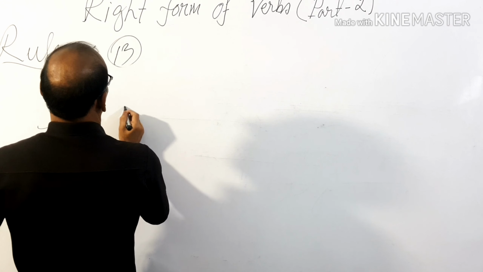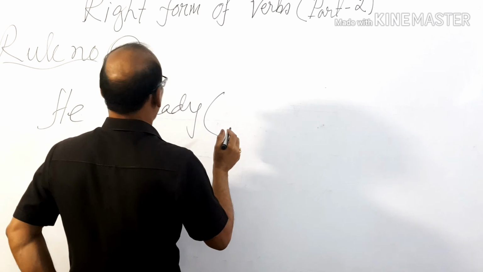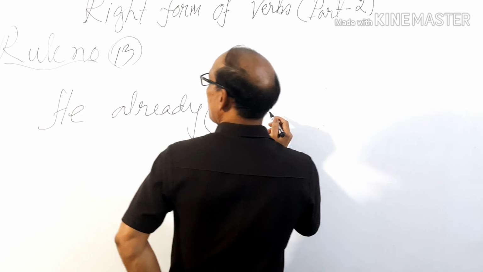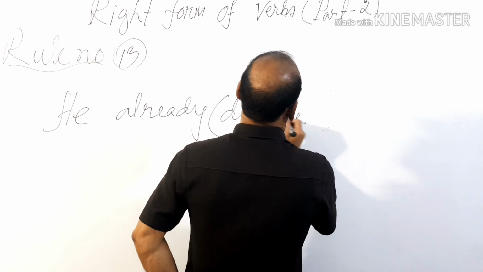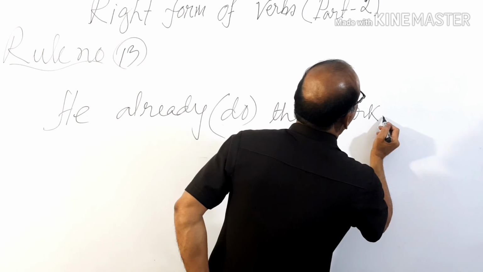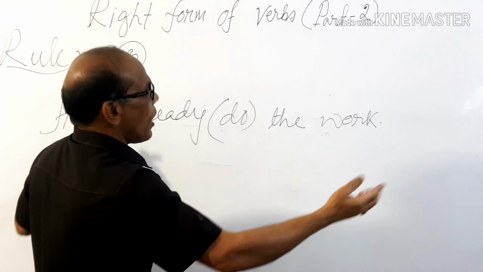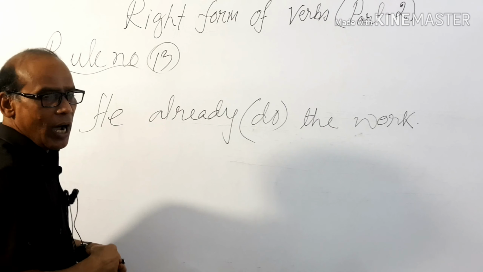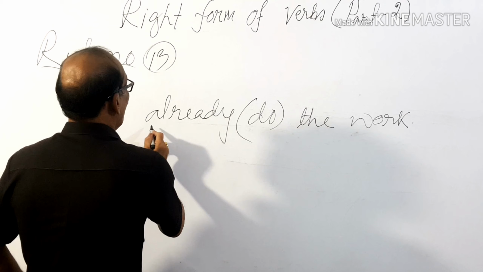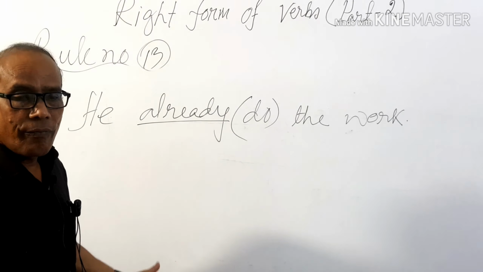He already do, with do within the bracket, the work. He already do the work. If we find this in the question paper or anywhere, we'll have to think: already indicates present perfect tense.